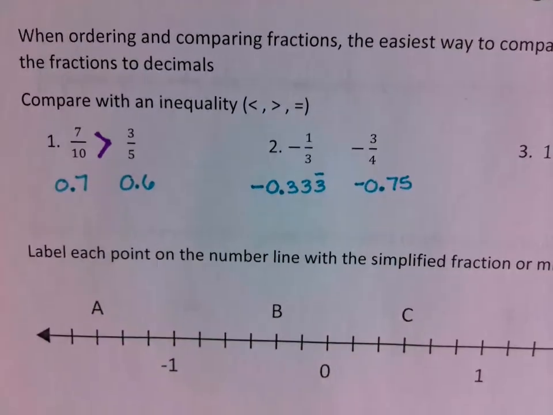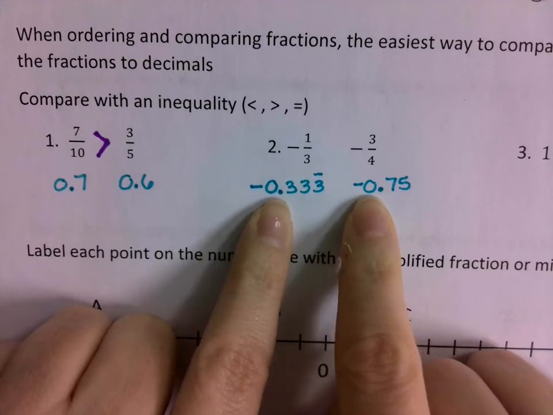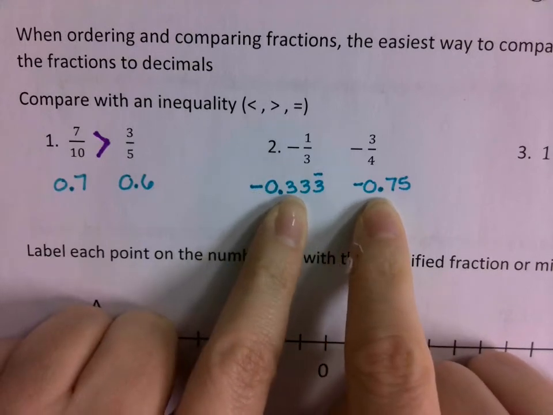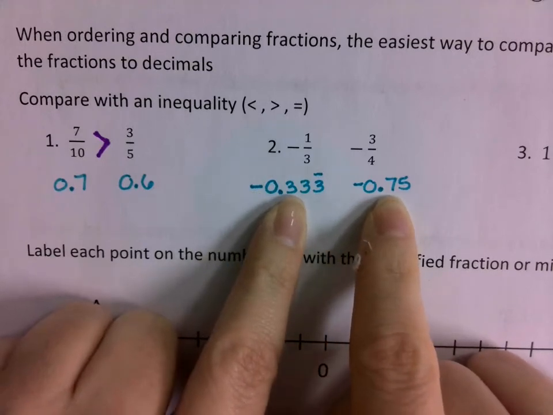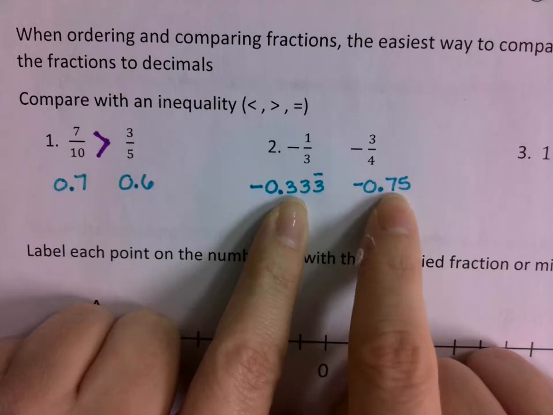Okay, so what we're going to do is we're going to compare first. We both have negatives. They both have 0. Then the next number, one of them's a 3 and one of them is a 7. So which one is smaller? Negative 3 or negative 7? Negative 7. Negative 7 is smaller than negative 3.